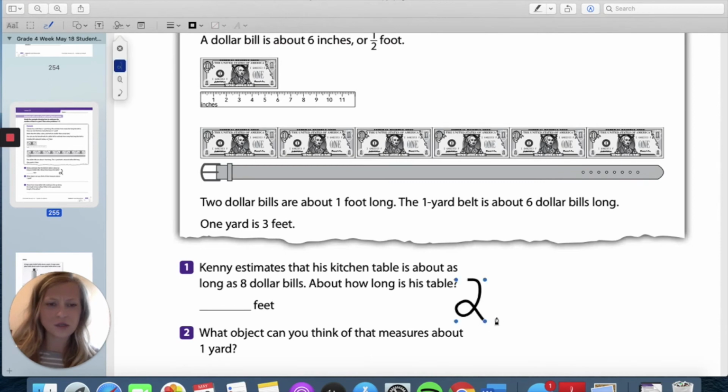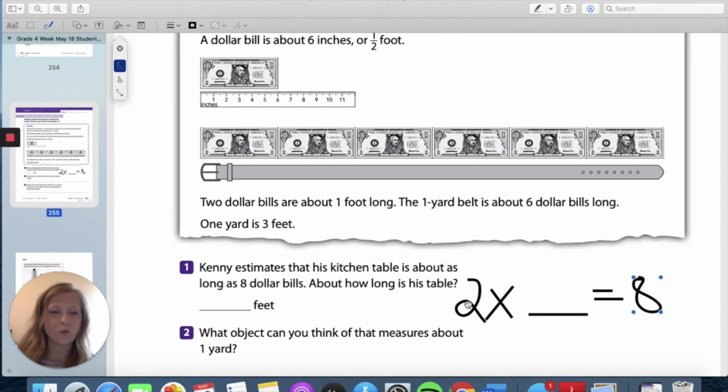I know that 2 is equal to a foot, and I need to figure out how long his table is, and I know that there's 8 in total, so I need to think, 2 times what equals 8? And hopefully you said 4. So I learned that Kenny's table is about 4 feet long. 8 dollar bills is about 4 feet long.